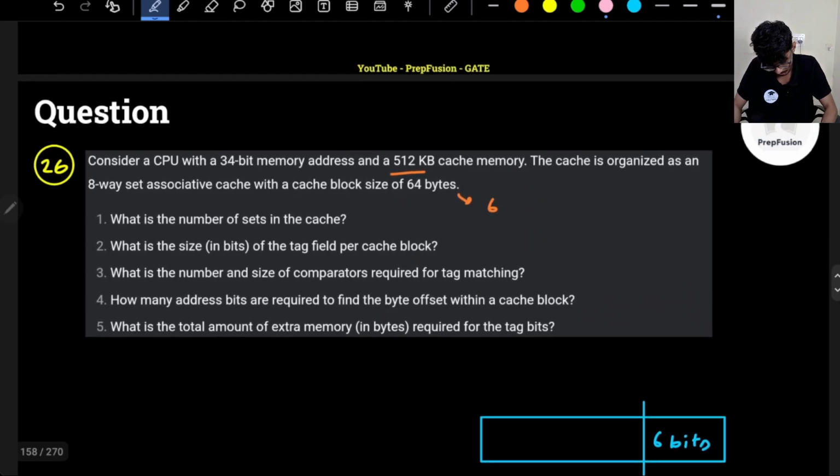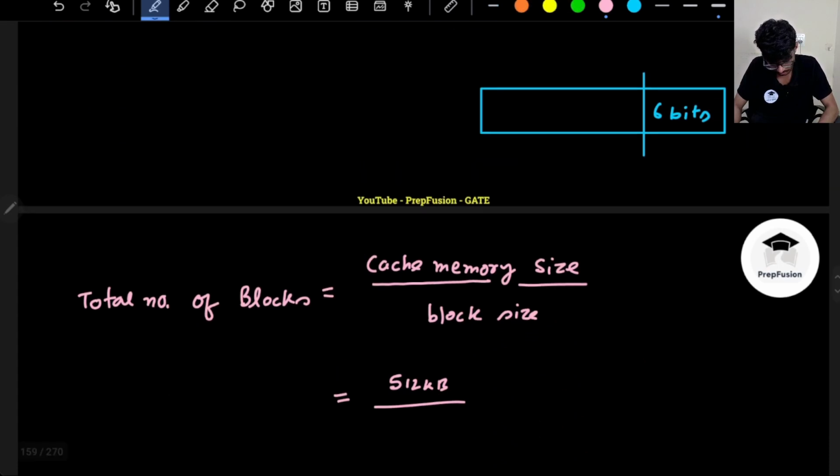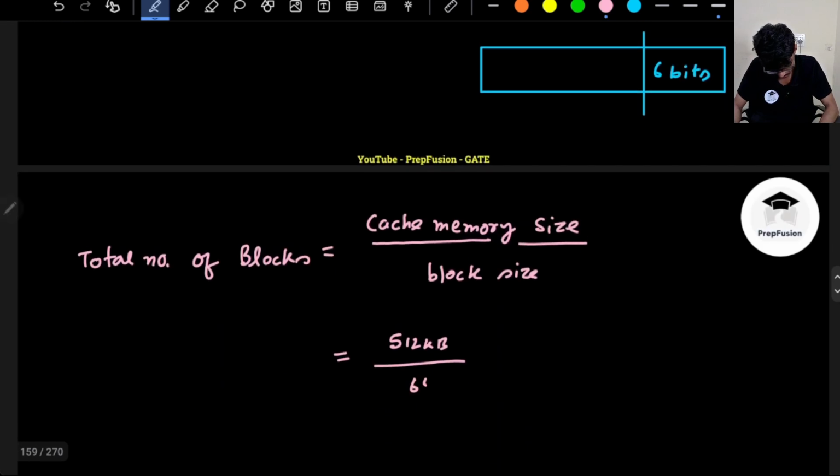Cache memory size is 512 kilobytes divided by the block size. So block size is 64 bytes, correct?